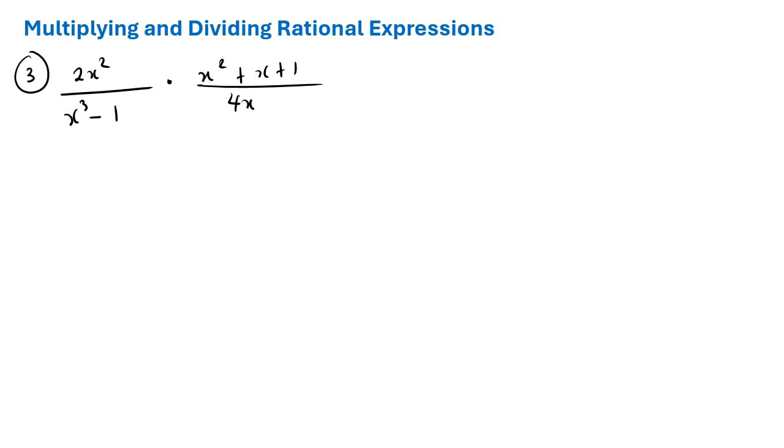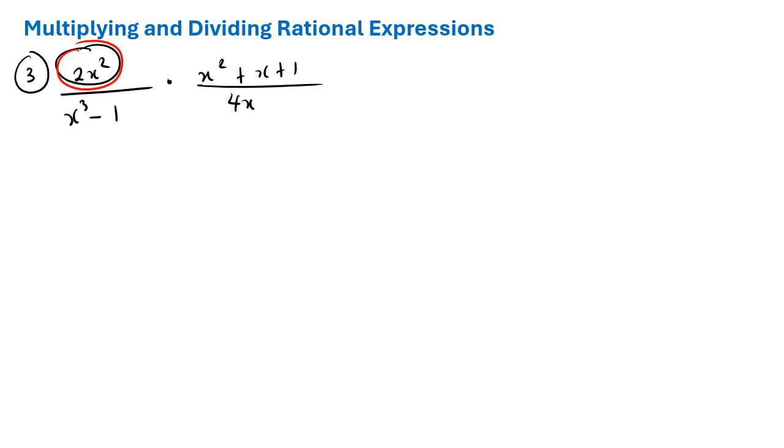So again, you got to take it one by one, piece by piece. I'm going to look at 2x squared first. 2x squared is 2x squared, so I do not need to factor that into anything special, but I'm just going to leave it like that and keep an eye on it. Okay, and there's another one that I can keep an eye on.